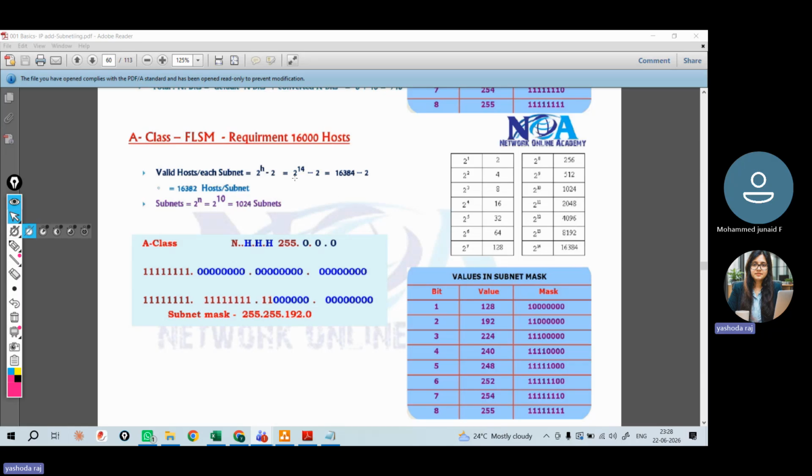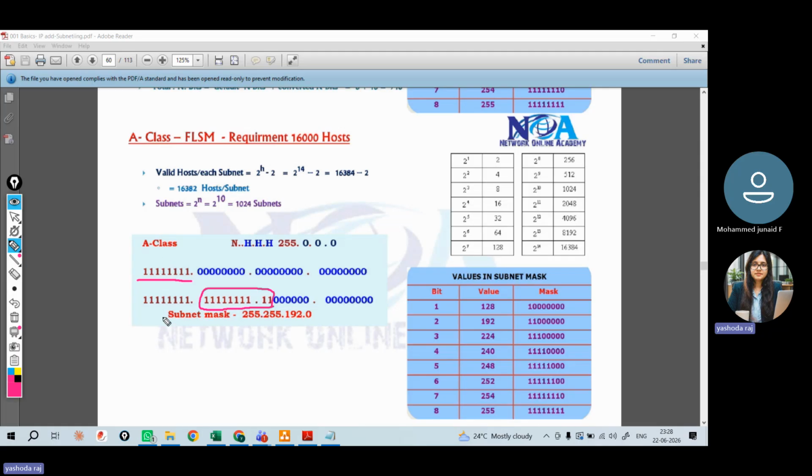So you take 2 power 14 minus 2, that is 16,384 minus 2, 16,382 hosts. Here I need to find out the subnet. How do you find the subnet? In the place of host bits, how many bits are converted? This is by default, 8 bits for network bits. Whereas here converted network bits is how much? 8 plus 2.